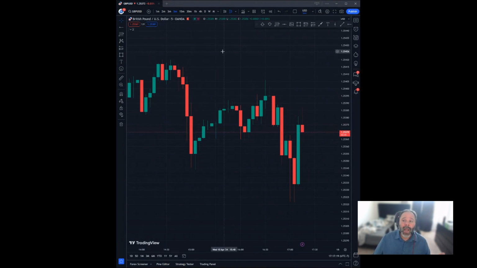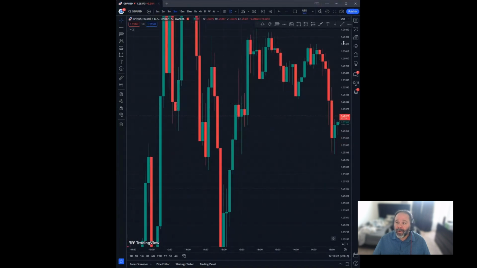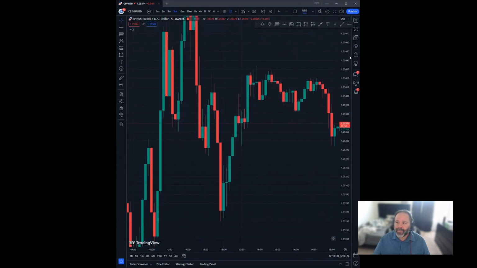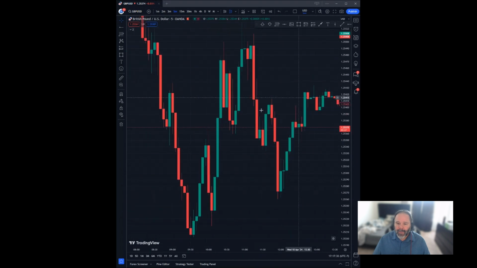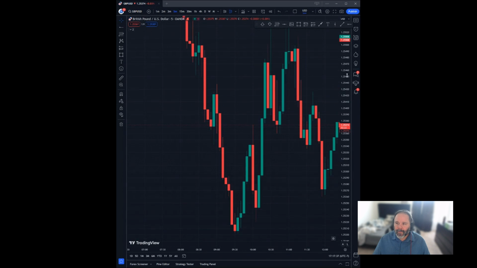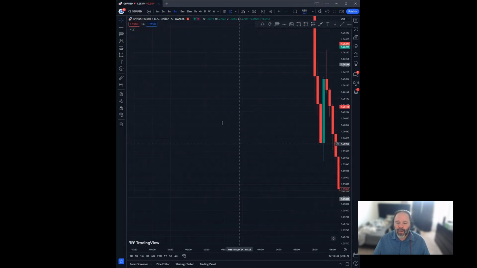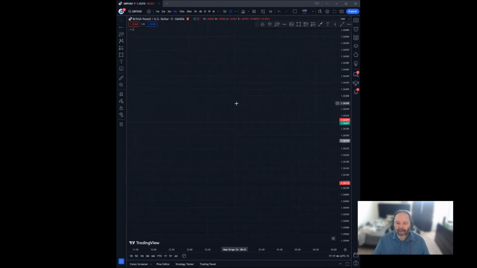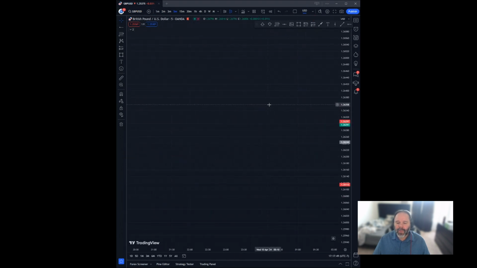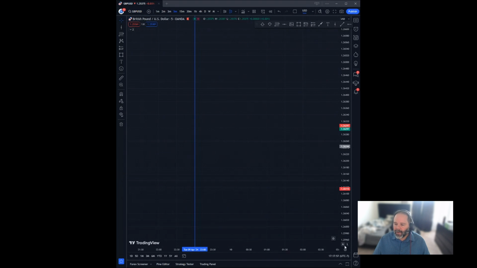GBP JPY, for example, has both markets open on the London session, because the London session goes from the pre-kill zone. This is the pre-kill zone. From 11 to 12 Los Angeles time, we have the pre-kill zone for the London session. So right here, let me put 2300. That will be 11.